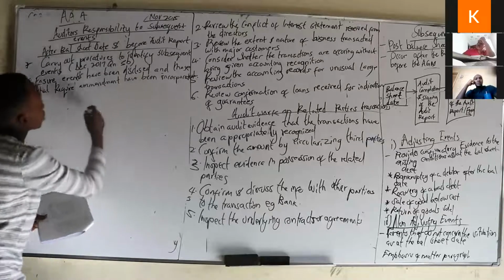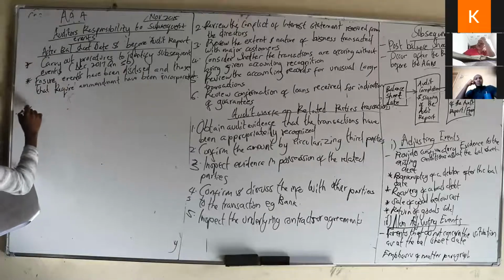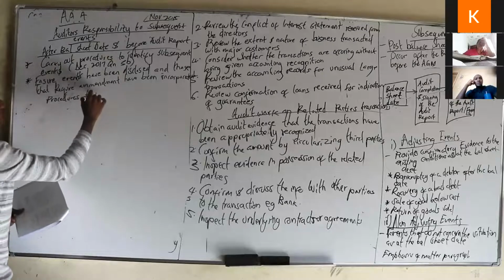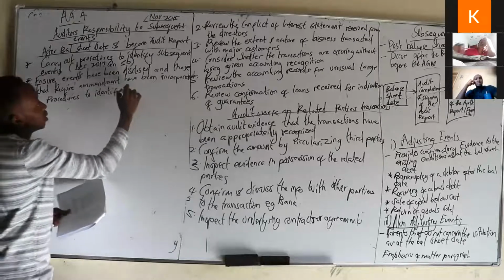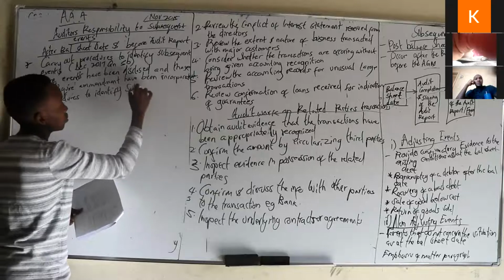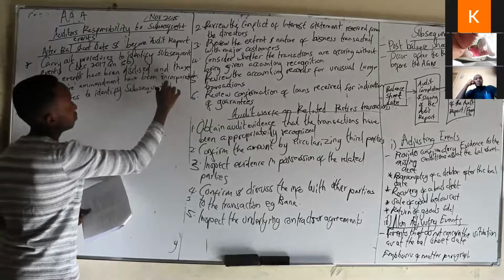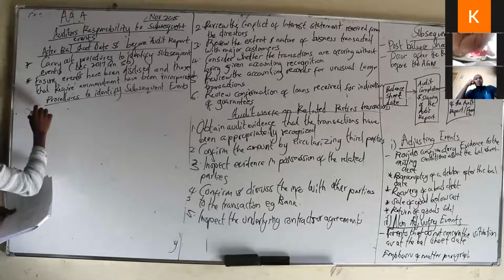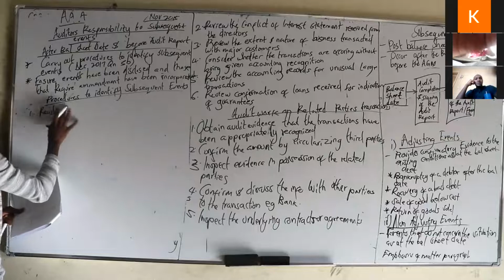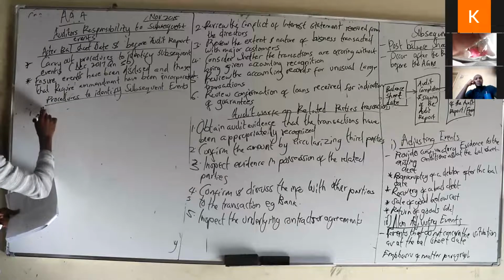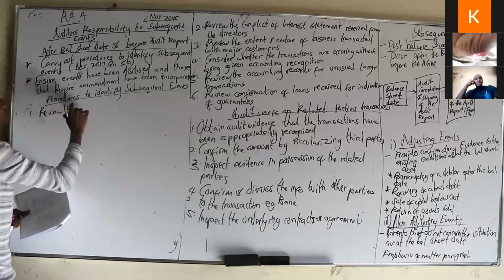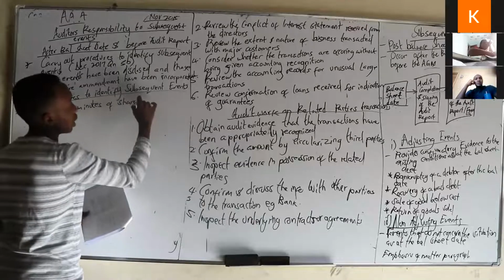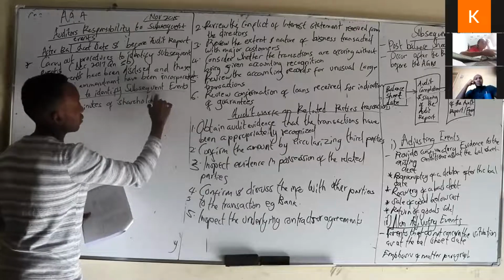And these procedures to identify subsequent events include, one, you can read or review the minutes of the shareholders so that you know if there were any adjusting or non-adjusting events.